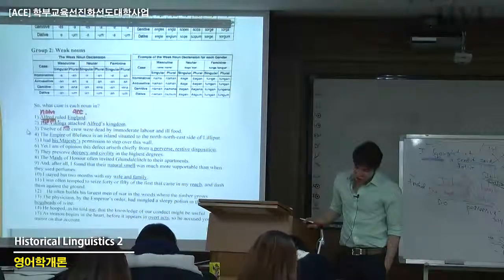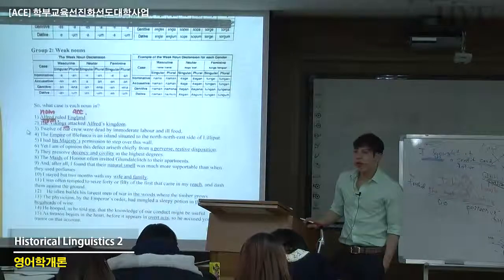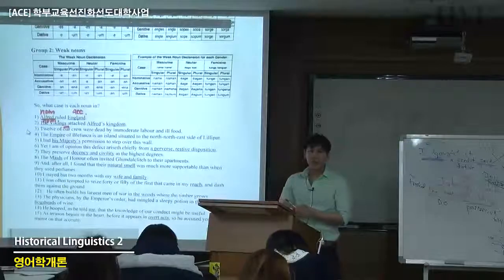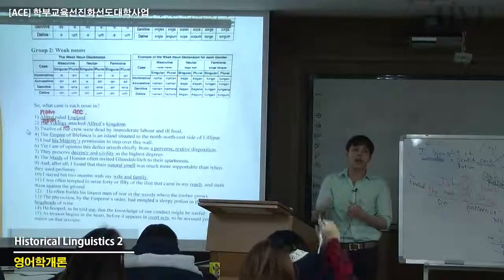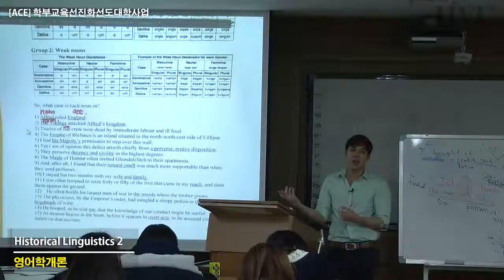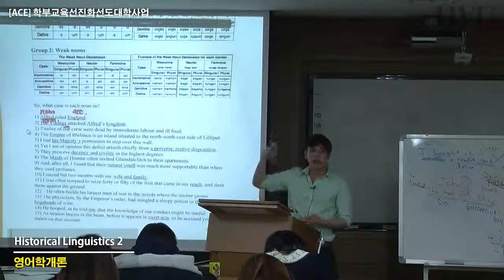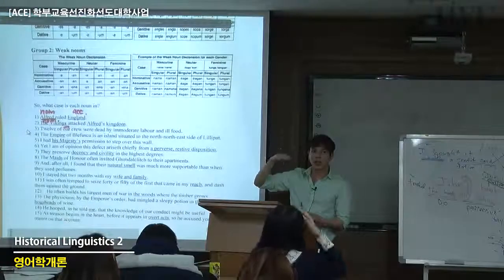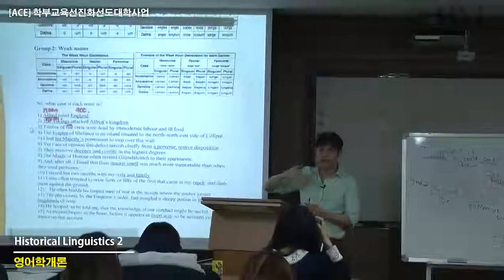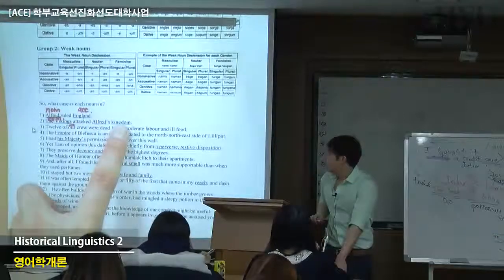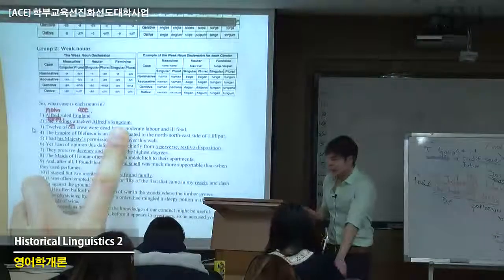We have Alfred and kingdom. Alfred is the king in Old English, okay? Towards the end of Old English, he made a pact with the Scandinavian people or the Vikings, remember? Establishing the separation of the Danelaw area and the English area. So Alfred's kingdom. What is the case of kingdom?